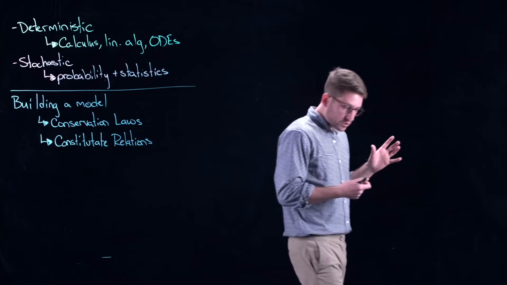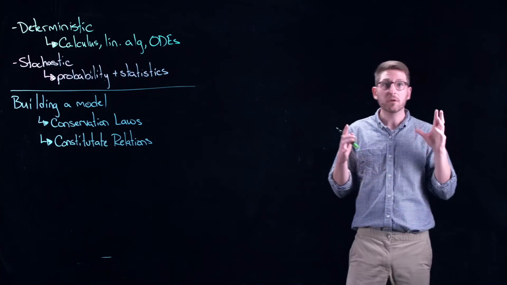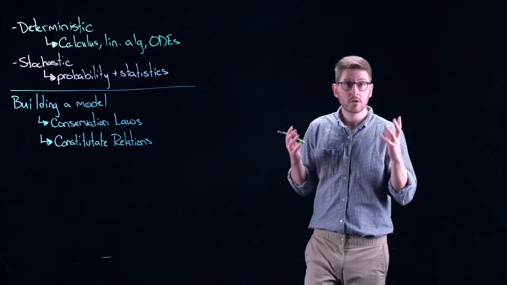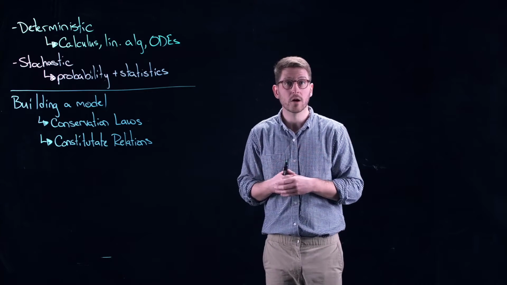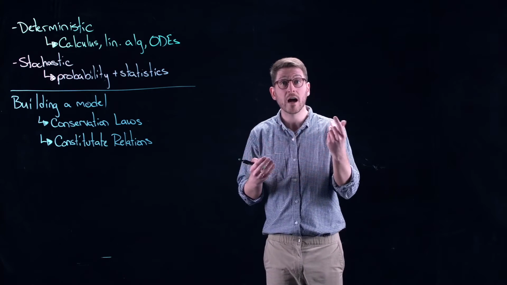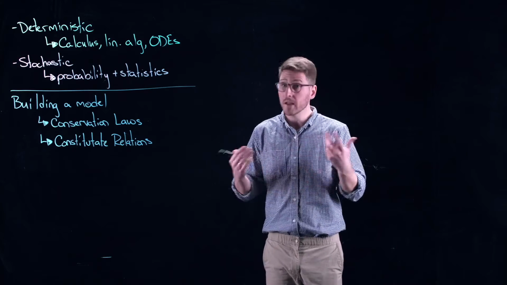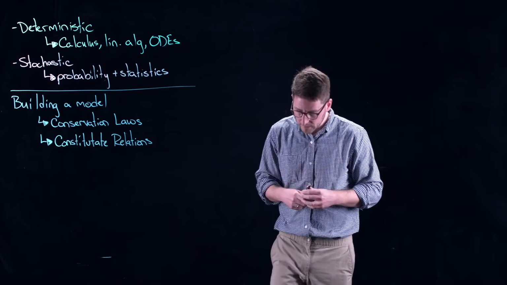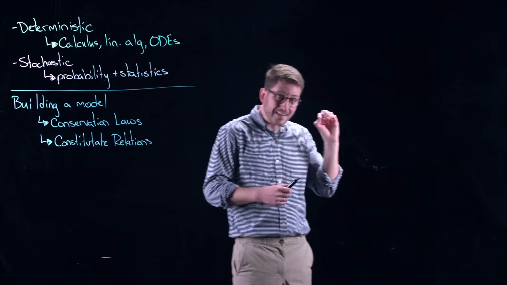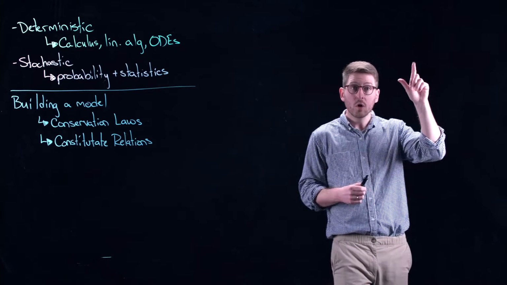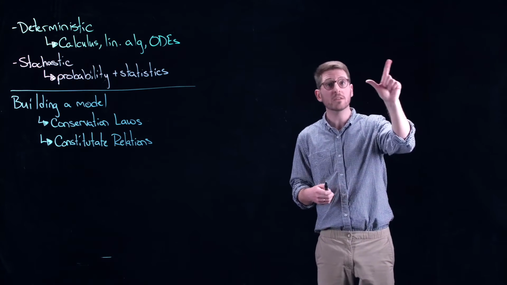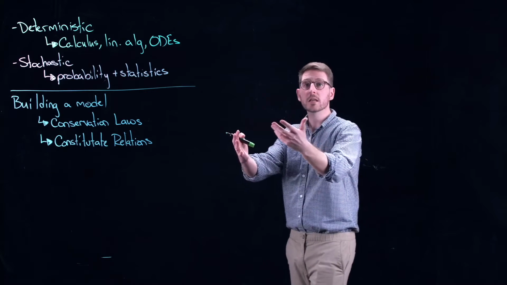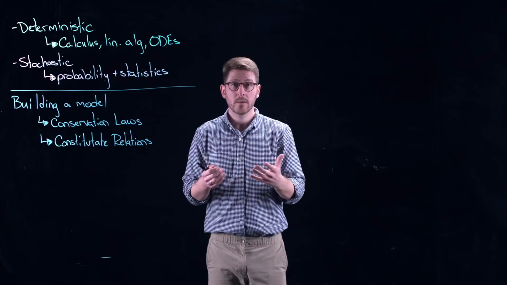Now, the other thing that you should aim for is to have your parameter values. So these are your sort of constants that you are taking in your model. It might be your C and your alpha from the previous example. It might even just be the acceleration due to gravity. You want to be able to find these things either in the literature or through experiments. You want to know what those values are, right? Because think about what I did in the previous lecture.